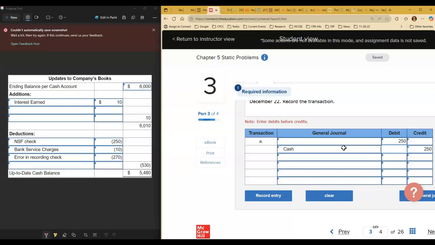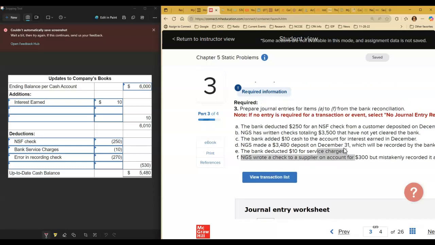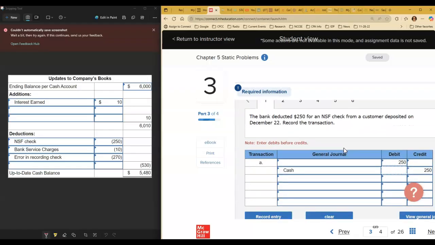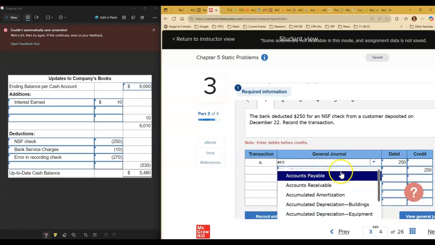What's the offset? All right, we got service revenue, we got accounts receivable. It's accounts receivable.